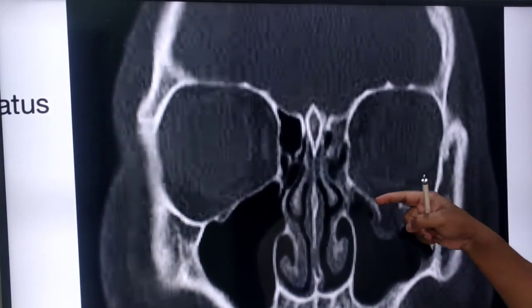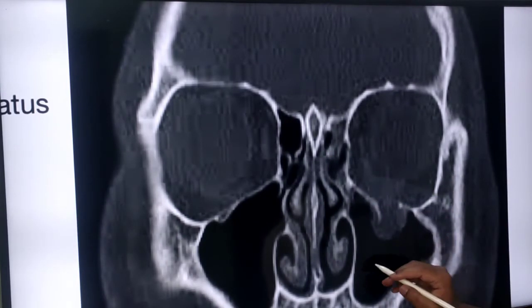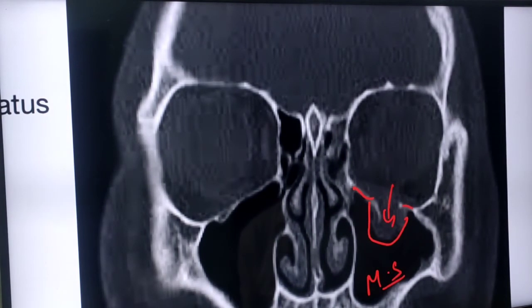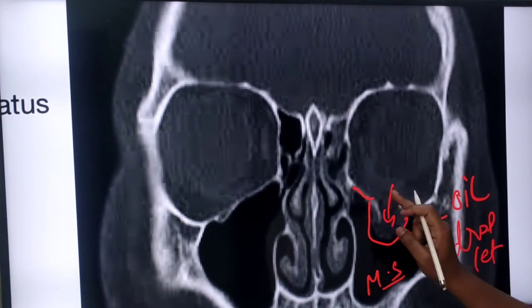So there is some material hanging in the maxillary sinus. This is the maxillary sinus area. And some material is hanging. There is a break here. This sign is called oil droplet sign, right?